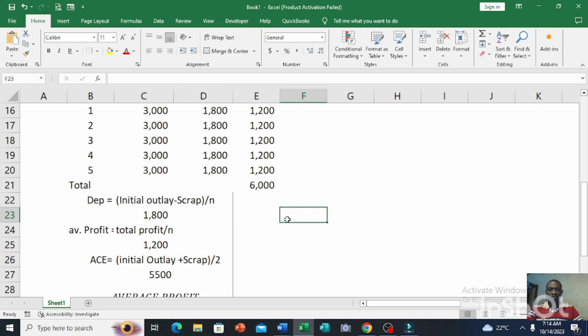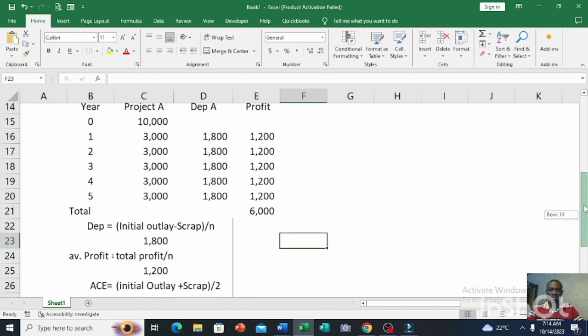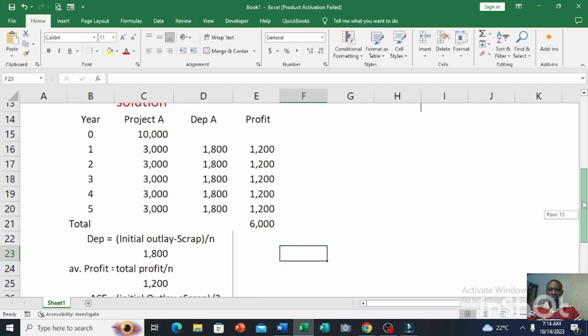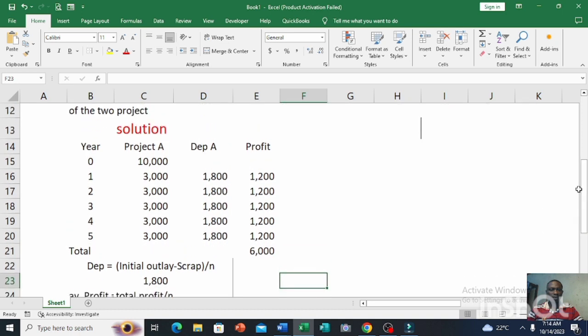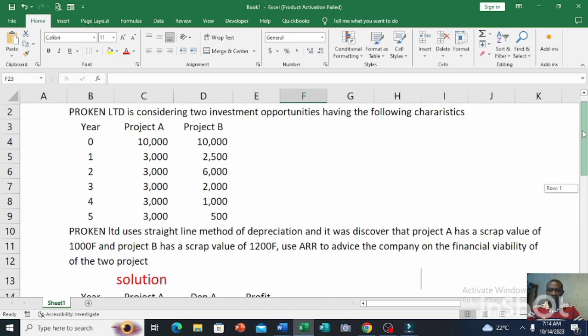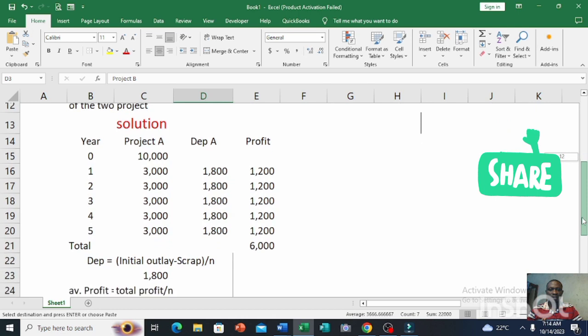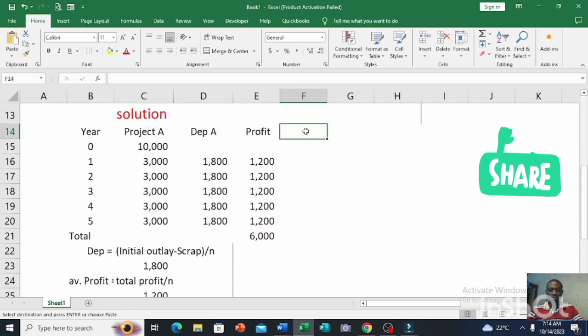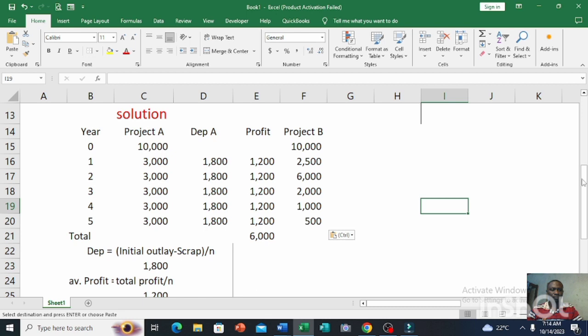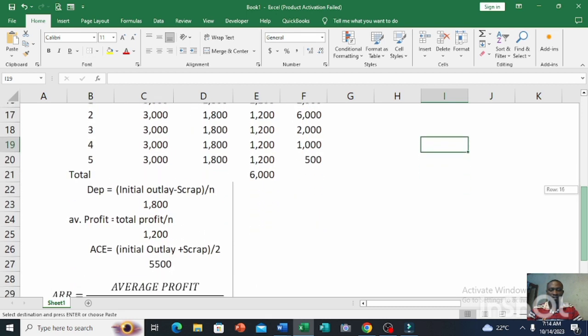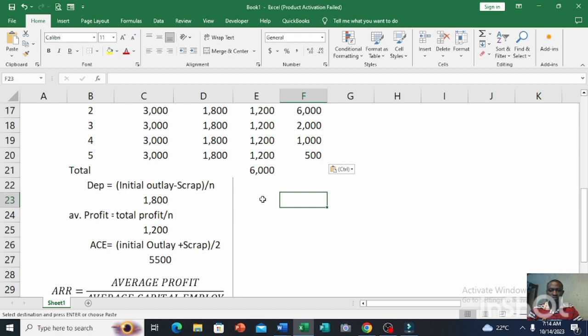So the initial outlay for B is also, project B, where are you? Project A. Okay, sorry. Project B. These are the cash flows of project B. Let me place them down here as well. The initial outlay as well is 10k. So I have 10k.